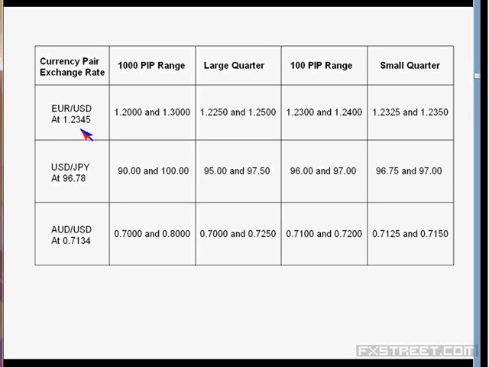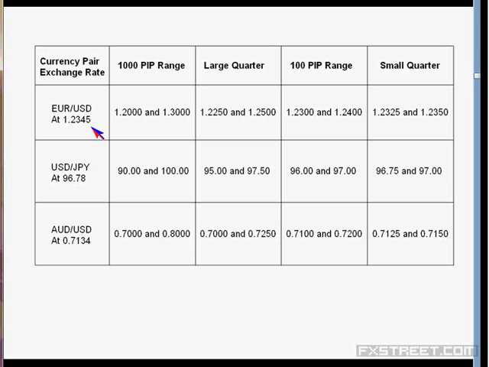Can we quickly find out the 1,000 pip range that this exchange rate is trading within? That will be the 1,000 pip range between $1.20 and $1.30. Which large quarter is the euro-dollar at $1.2345 trading within? That would be the large quarter between $1.2250 and $1.25. Now let's zoom in even further. What would be the 100 pip range?